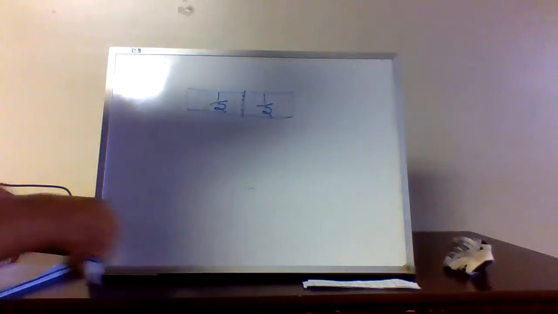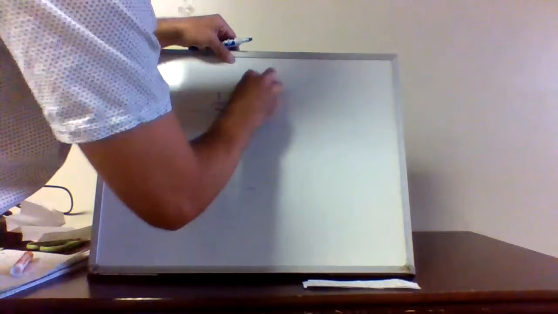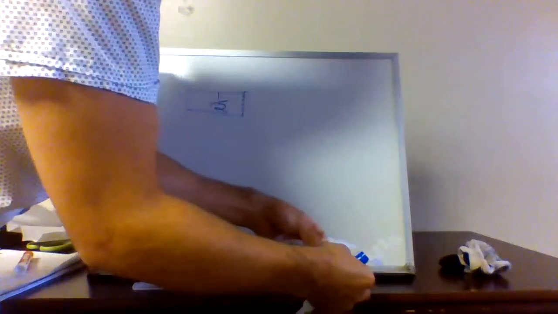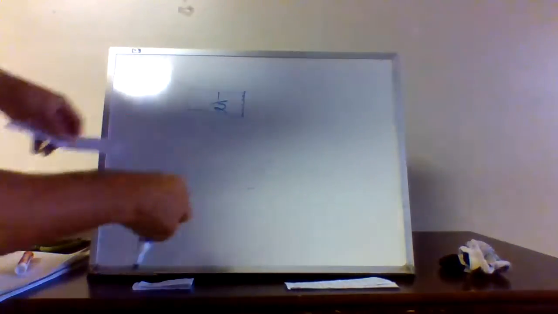So now all that we see is 1 unit of our 2. So this is all that we're seeing, just like this. So we went from here to there. So now let's take your fourths and we'll do the same thing.